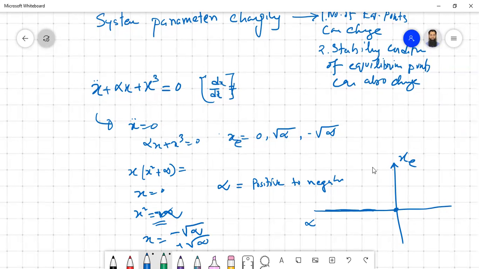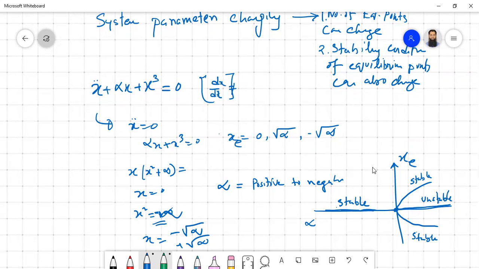So now we have three distinct lines based on the values of alpha. Previously the middle line was stable, now it becomes unstable, and the outer lines are stable.